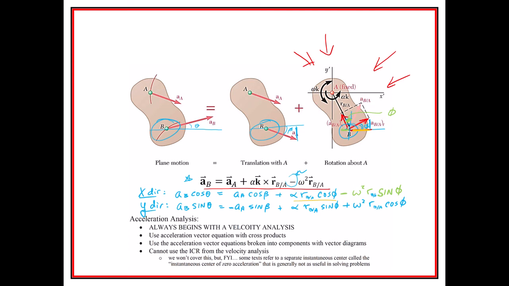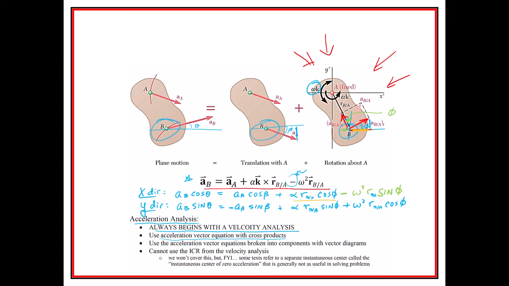So things to know. We always begin an acceleration analysis with a velocity analysis. Quite often, the purpose is to get the unknown omega. Sometimes that's like the big key to the thing, is finding what that omega is. We can use the acceleration vector equations with cross products built into them.